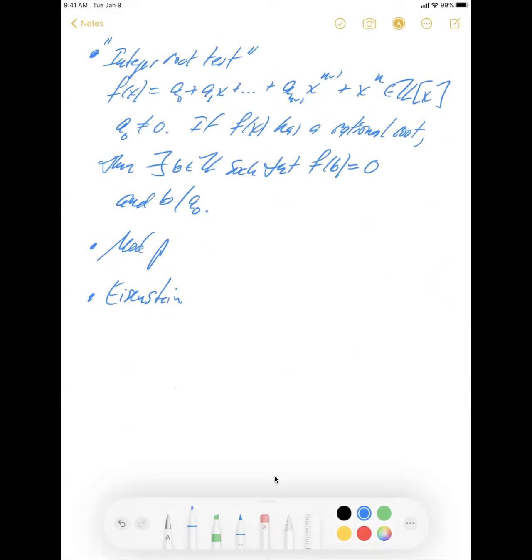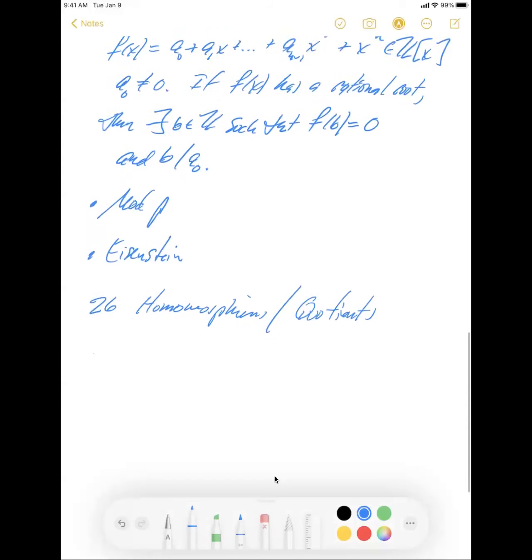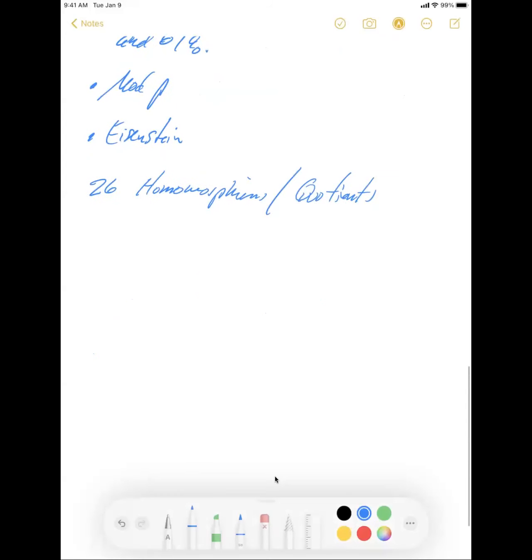So next chapter, 26, that's homomorphisms and quotients. You should know and be able to prove the properties of ring homomorphisms.